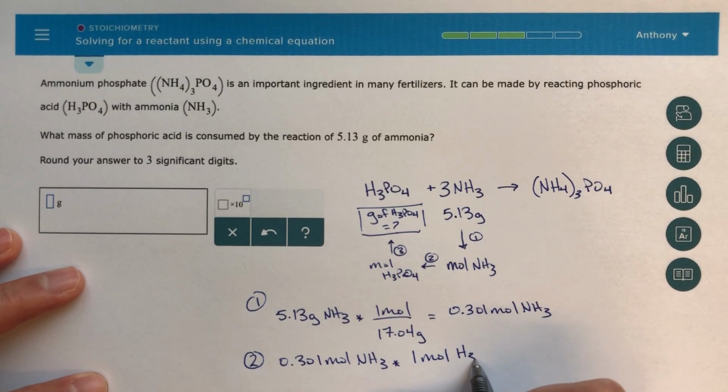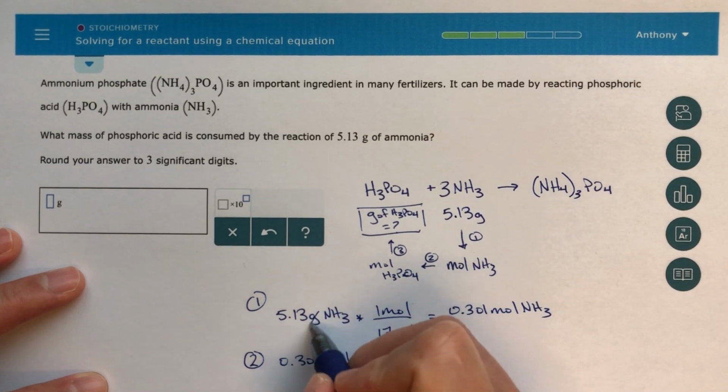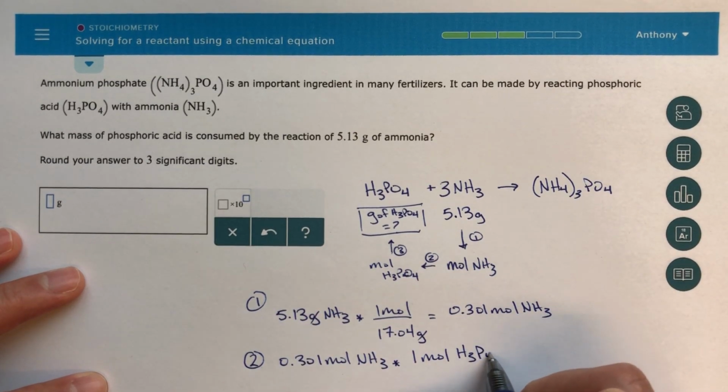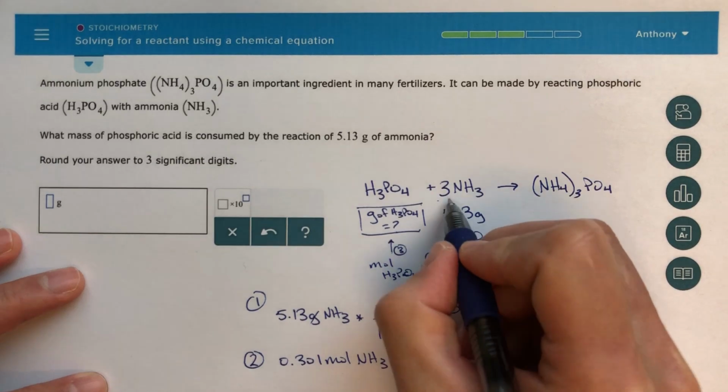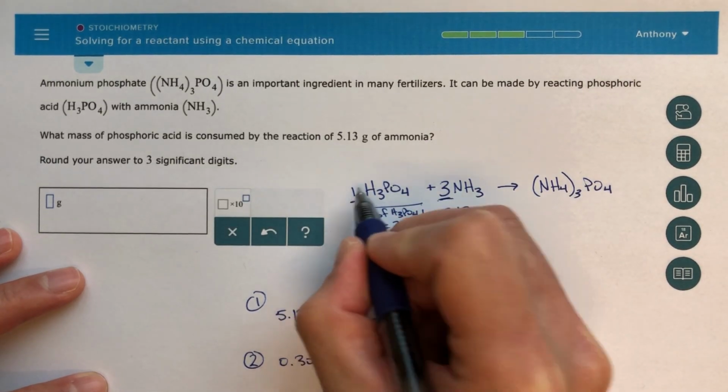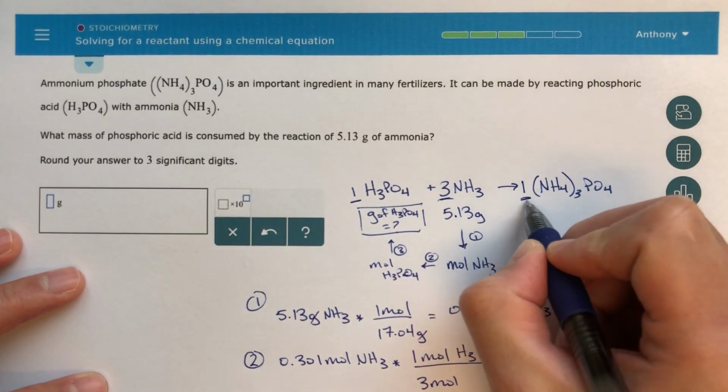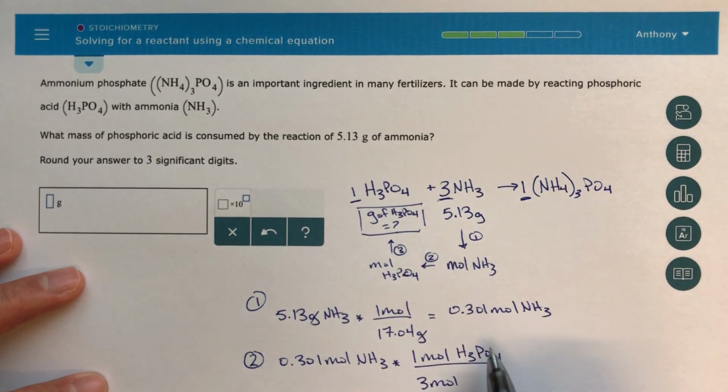And show our units nicely so it's easy to see what's being canceled out. I'll show it in this case too, 1 mole of H3PO4 over 3 moles using these mole to mole ratios. Here, this is a 1, we could put in a 1 here as well. Using that mole to mole ratio, 3 moles of NH3 is required for every 1 mole of H3PO4. My units of moles of NH3 will cancel out.